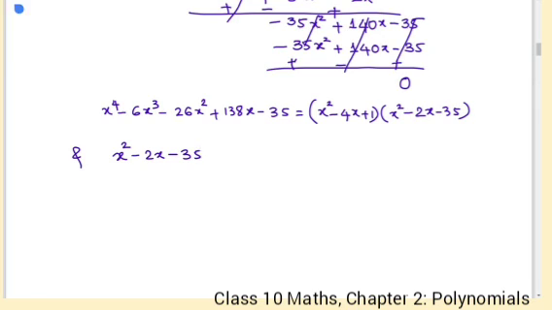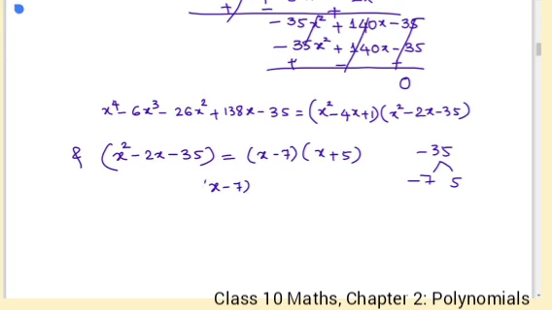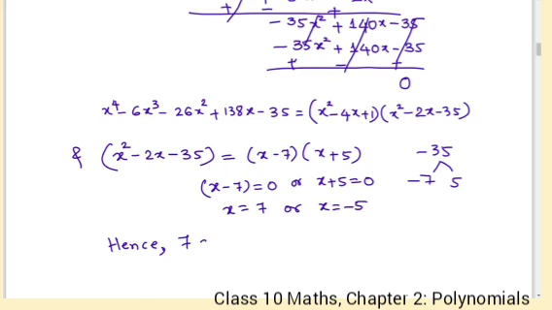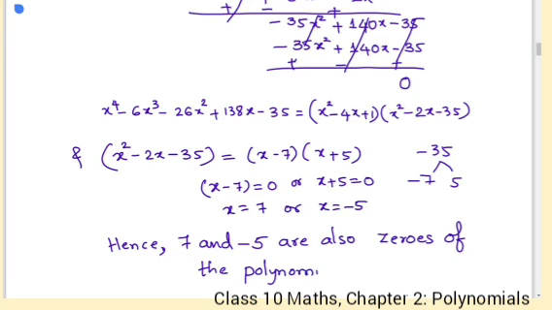And x square minus 2x minus 35 can also be written as x minus 7 and x plus 5, that is x minus 7 is equal to 0 or x plus 5 is equal to 0. Here x becomes 7 or minus 5. Hence 7 and minus 5 are also zeros of the polynomial.